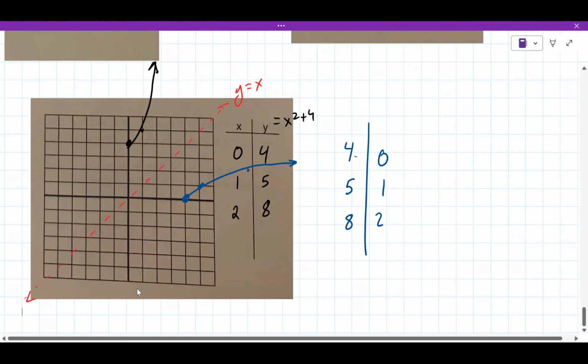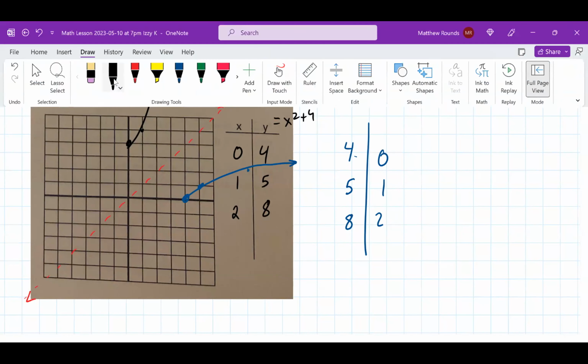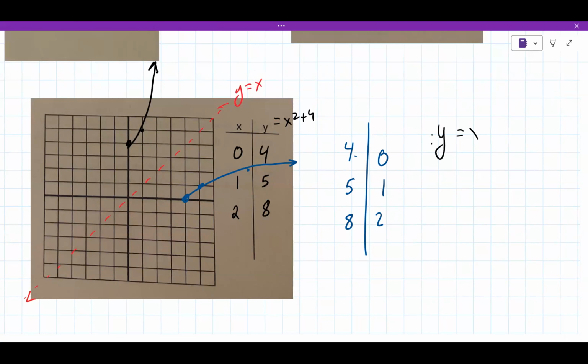All right, and we can actually figure out the function here. So let's go y equals x squared plus 4. Switch x and y.